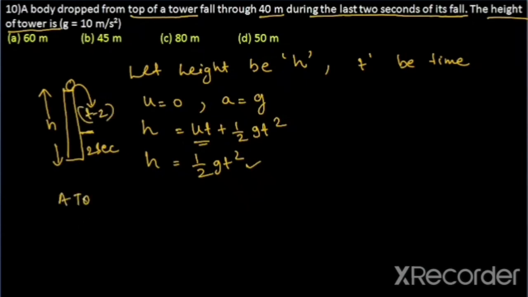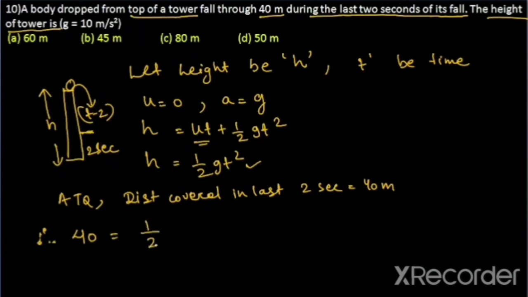So according to the question, the distance covered in the last 2 seconds is 40 meter. Therefore we can write 40 is equal to half gt square minus the distance covered in this t minus 2 seconds, that is half g (t minus 2) square.